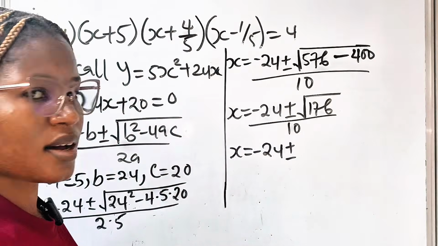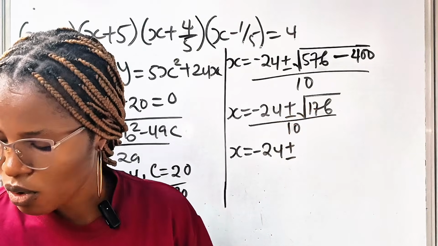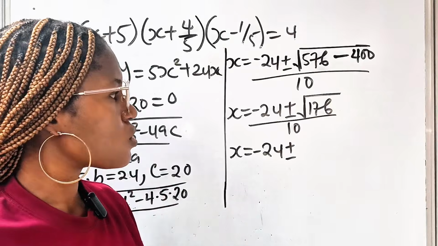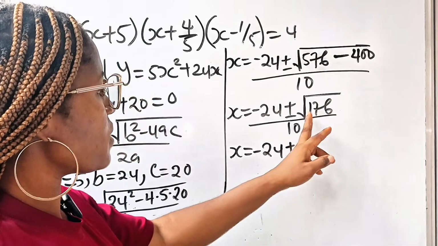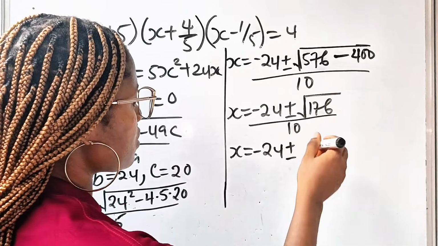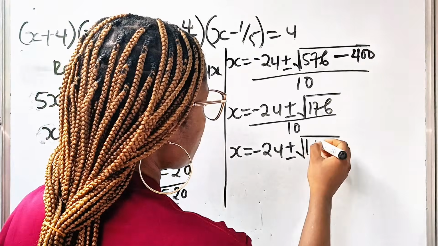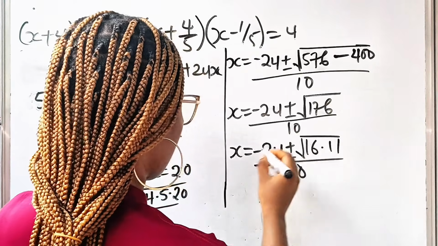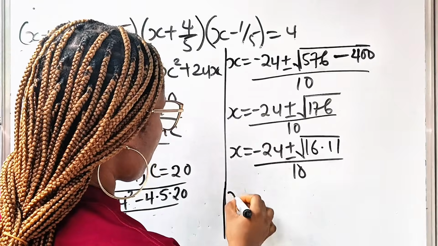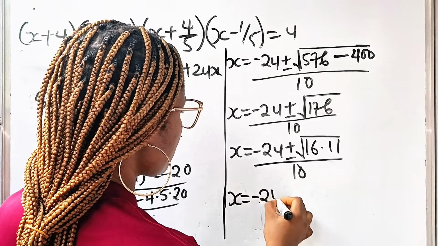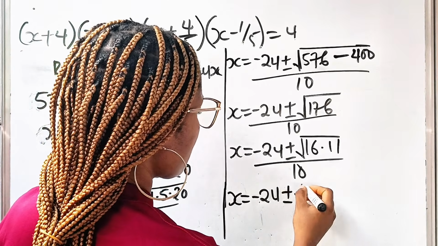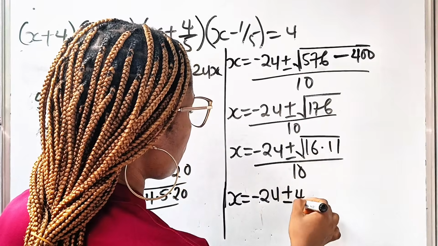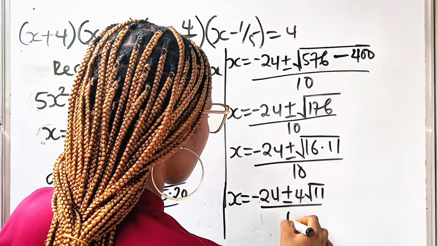And that means that this is a multiple of 11. So what could that be? Now, it has to be 16 times 11, right? So it is square root of 16 multiplied by 11 divided by 10. So we have x equals minus 24 plus or minus square root of 16 is 4 root 11 divided by 10.